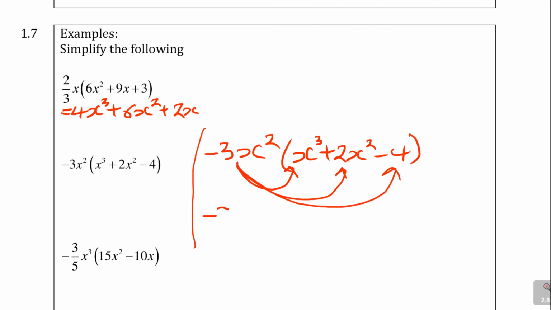It's minus 3x squared dot x cubed. That was the first one. And then plus, always take the positive when you go to the next arrow, but you maintain minus 3x squared dot positive what? It's 2x squared.